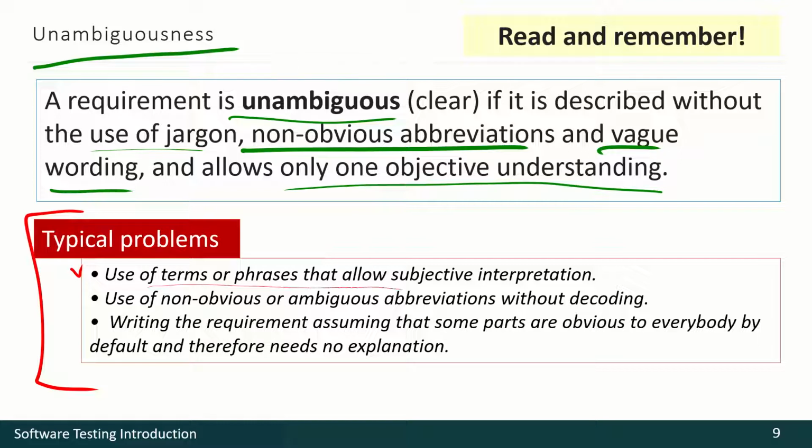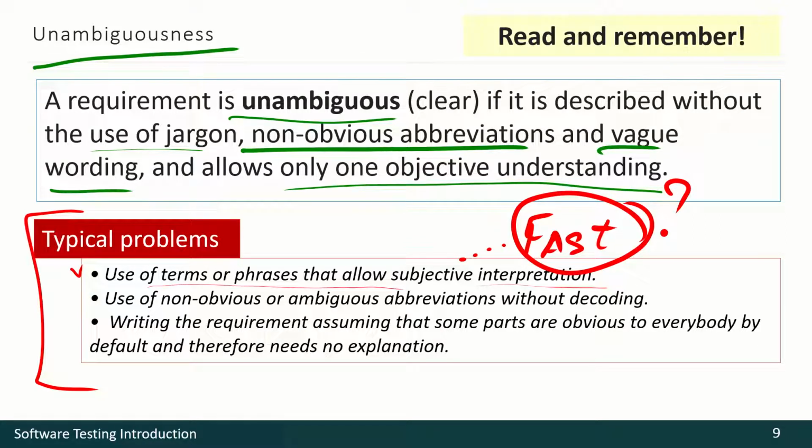For instance, usage of terms or phrases that lead to subjective interpretation, like: some application should work fast. What's fast? How fast should it be? No, this is not objective. This is subjective. What's fast for one is slow for another, so this is not good.